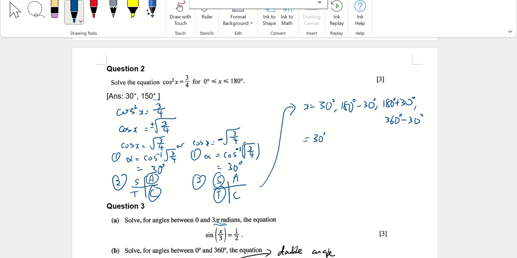I would have 30, 150, 210, and 330 degrees. But you can see that two of these angles are out of range because the range is from 0 to 180. So these you reject. My final answer is 30 and 150.